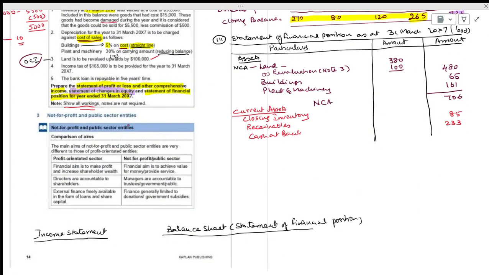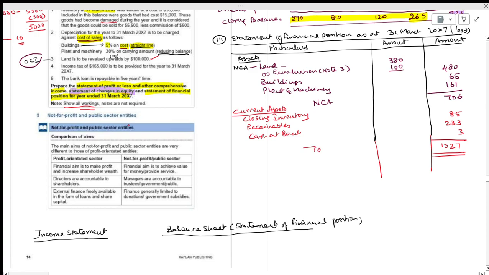How much is the total? 321 plus 706, that is 706 plus 85 plus 233, which is 1,027. These are the total assets.